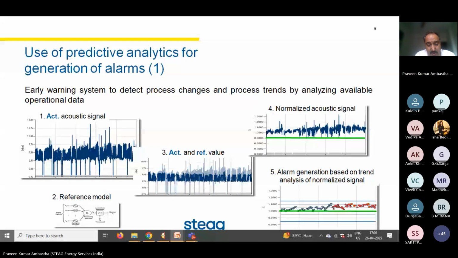So of course, whenever we install, we require the signal. Some of the power plants don't have the signals, so we install those signals, and then we install our hardware and all, and then we collect the data, we develop the neural model, and then we normalize the data, and then accordingly we try to catch where there is a fault.